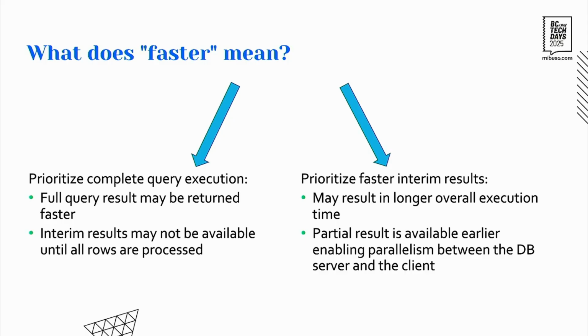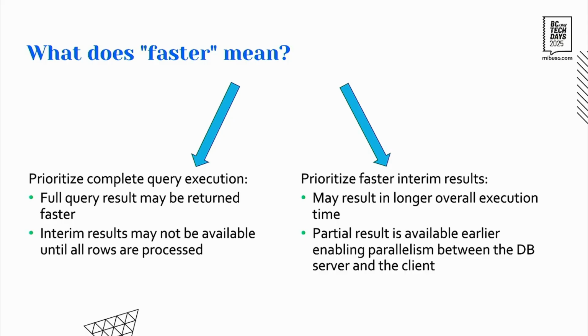This way, it allows to parallelize the workload between the client and the server. Partial results can be made available pretty fast, but on the other hand, this can be contradictory to the first. The overall query execution time may, on the contrary, increase, and the performance will drop. So the query will be slower, actually. And these two options pretty often contradict each other and result in very different execution plans.